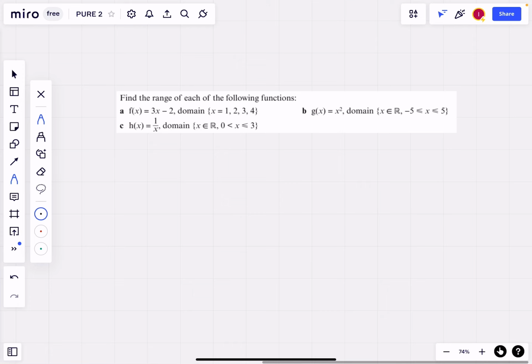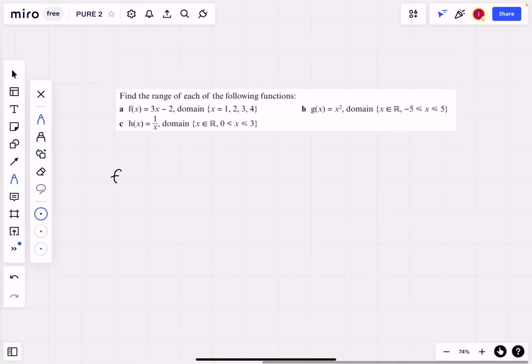So the first one, find the range of each of the following functions. Your first function is a straight line, which has a domain from 1 to 4. Okay, those are the possible values that x can take. Within those, there are certain values that y is going to take.